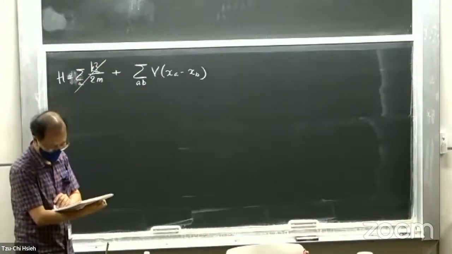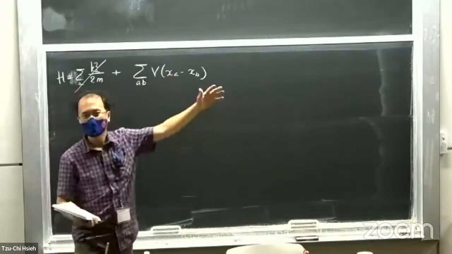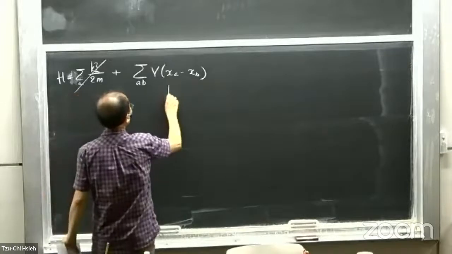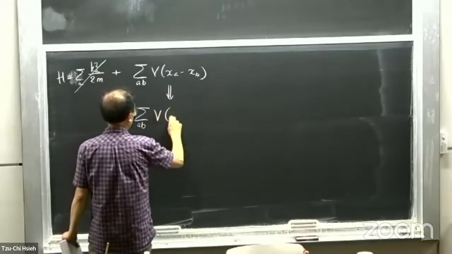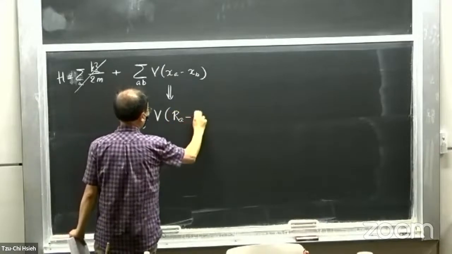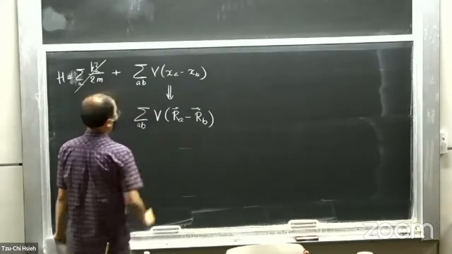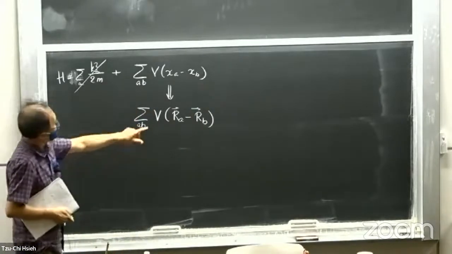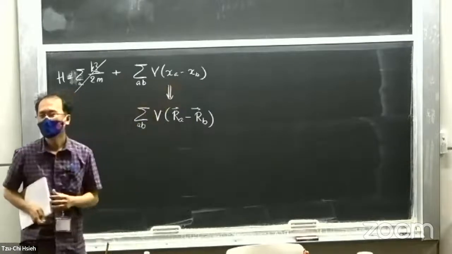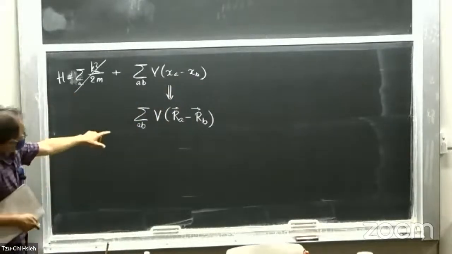Now, last time we said that if the potential is smooth, then we can replace this by the sum over A and B of the potential between guiding center coordinates, where we replace the x by the guiding center coordinate.